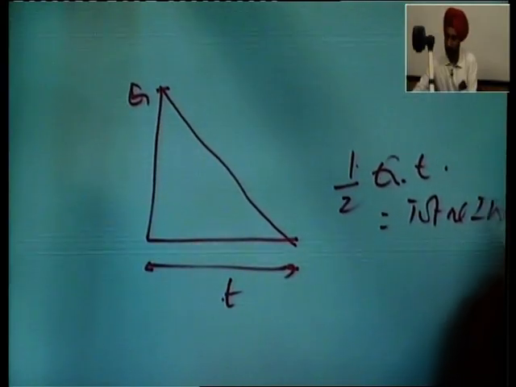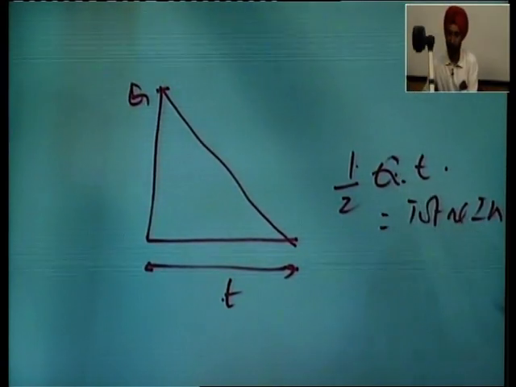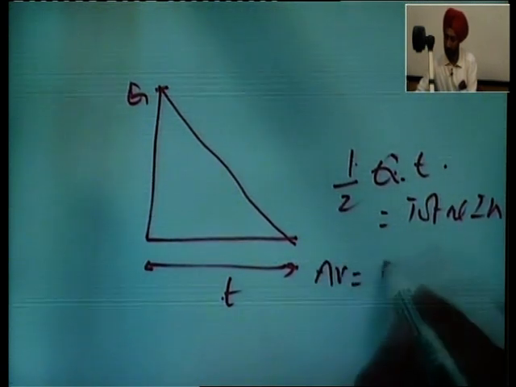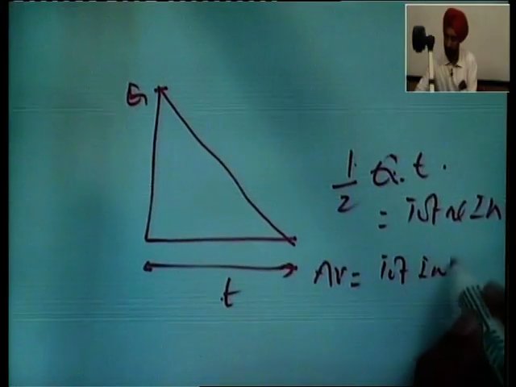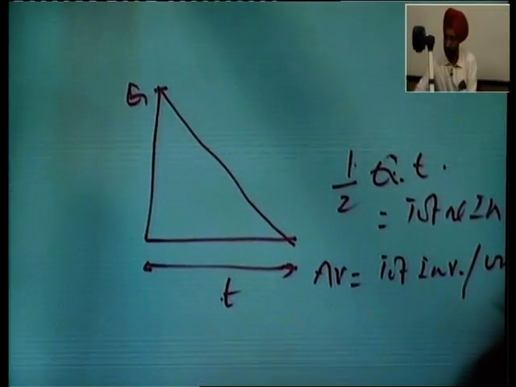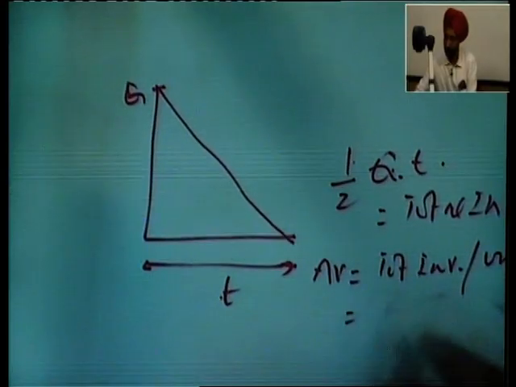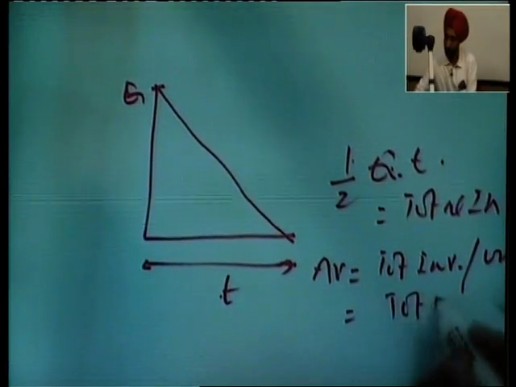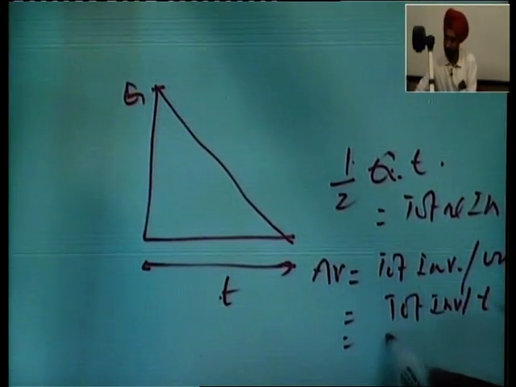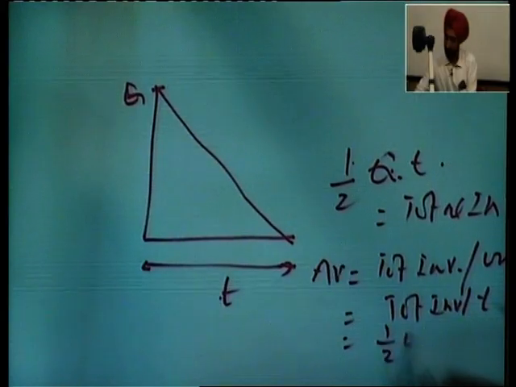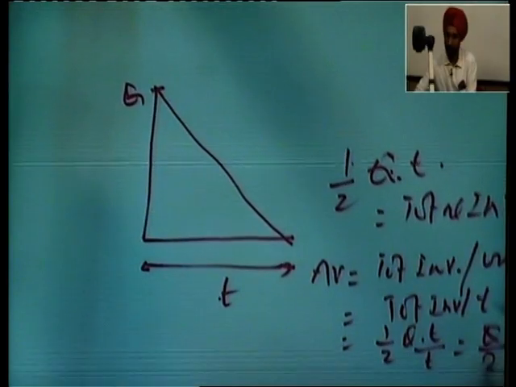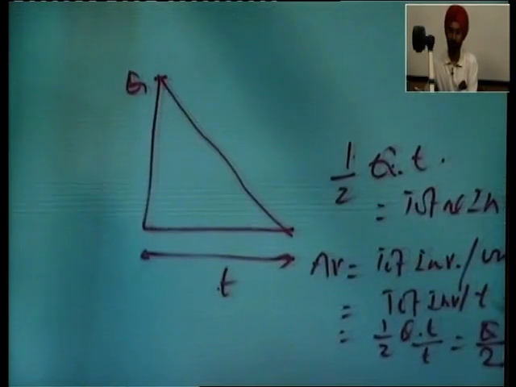Now, average inventory is total inventory per unit time. So, that is total inventory divided by T. So, total inventory is half QT divided by T. So, average inventory is Q by 2.